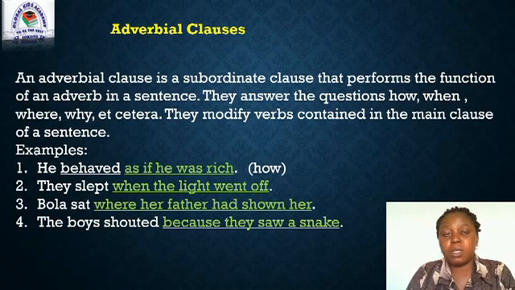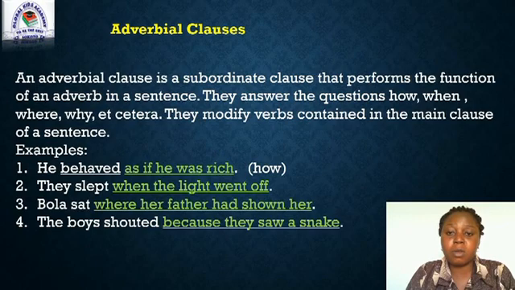Now, why do we say they perform adverbial functions? It is because when they are used, they refer also to the verbs within the sentence. For example, he behaved as if he was rich. As if he was rich tells us how he behaved. The word behaved there is a verb, and as if he was rich modifies the verb behaved. And that makes that expression an adverbial.